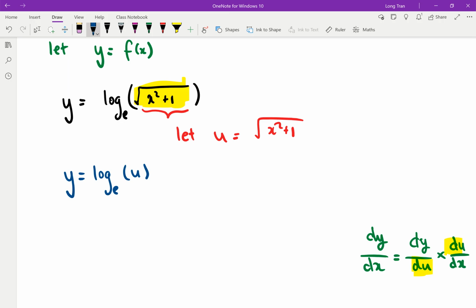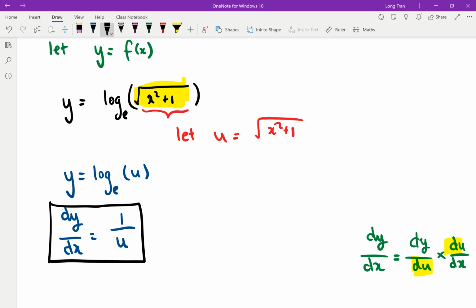That's much easier because I know in my rules that the derivative of log e of a single variable is 1 over u. Sorry, that's not dy/dx, it should be dy/du.